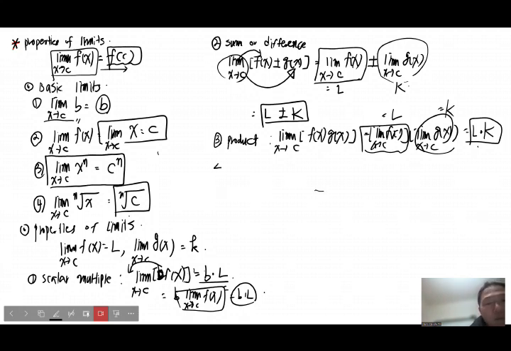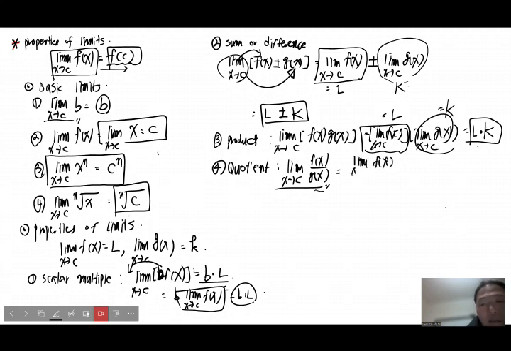And number four, quotient rule. Same thing, same as the product rule. The limit of f(x) over g(x) can be applied to the numerator and denominator separately. So this is the limit of f(x) as x goes to c, over the limit of g(x) as x goes to c.